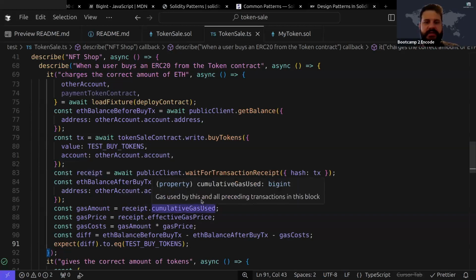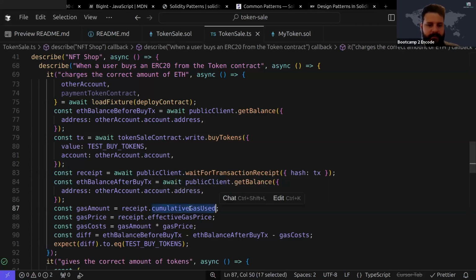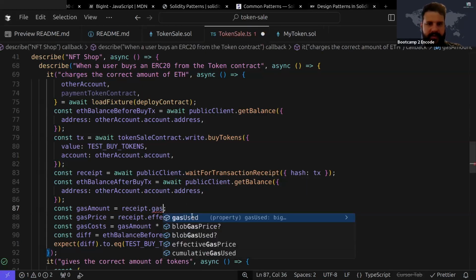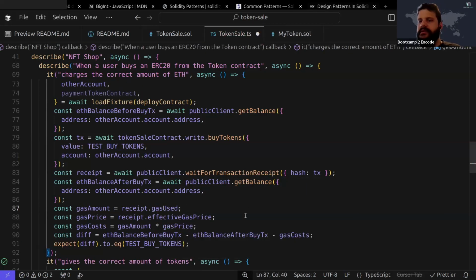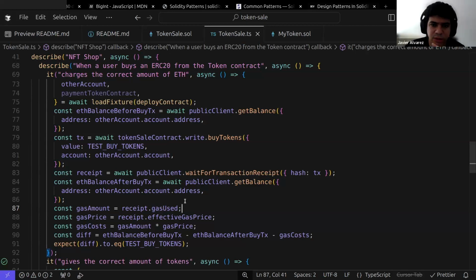Cumulative gas usage, it is actually, this is the correct one. You are correct, Javier. The gas used is the correct one, cumulative is wrong. Cumulative gas usage is the gas usage for all the transactions up to that transaction, in that block.